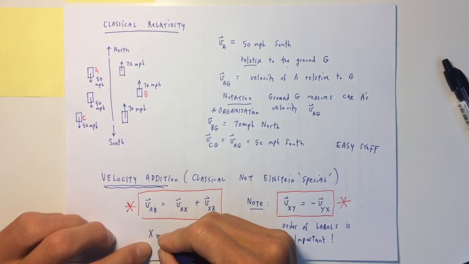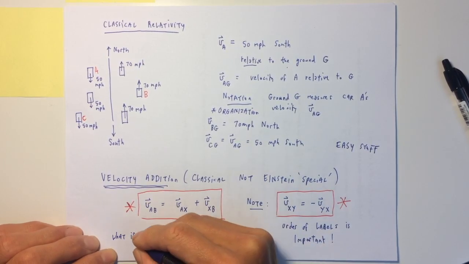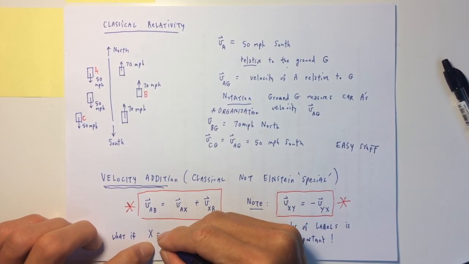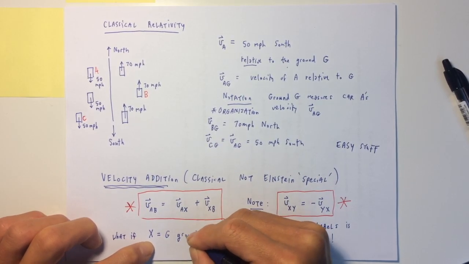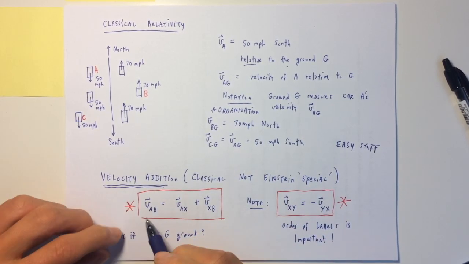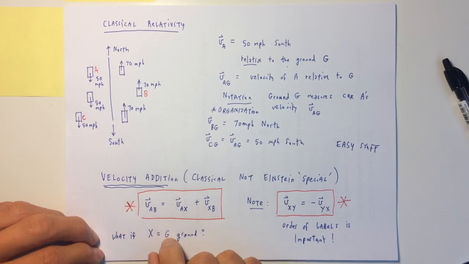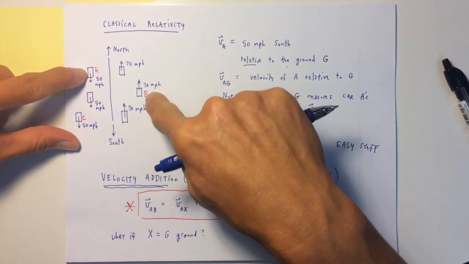So let's say x equals the ground g. Then what we can get is this velocity of, say, car A with respect to car B.